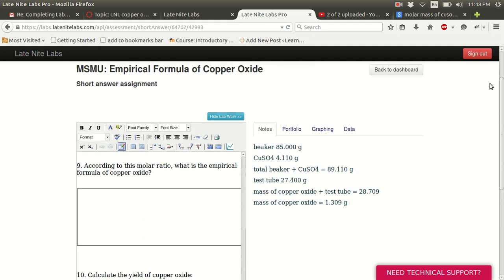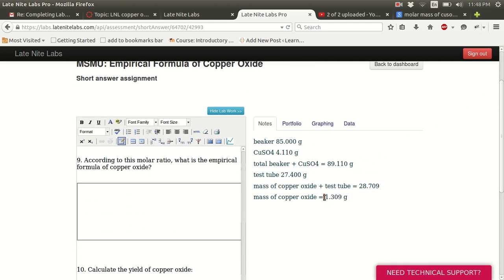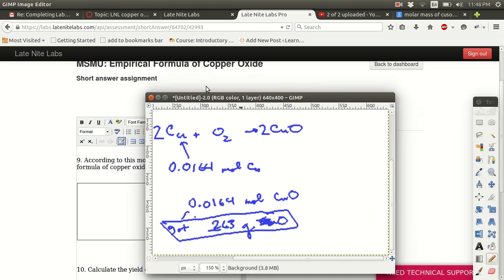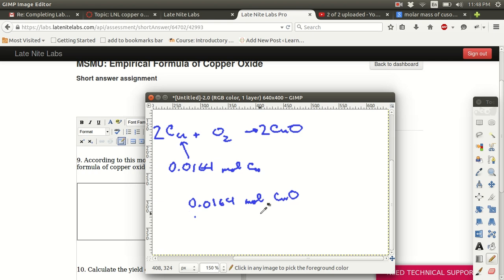Let's see, my lab notes. Okay, you measured this in the lab. The mass of copper oxide is 1.309 grams. So what I got was really... Okay, so I got 1.309 grams of copper oxide.